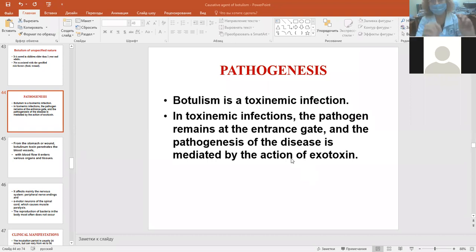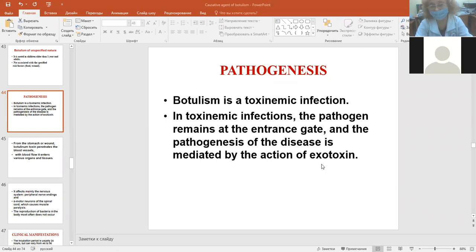Botulism is a toxinemic infection. I'm going to remind you what toxinemic infection means. This term is used in cases where the pathogen, the bacteria, remains at the entrance gate, and the pathogenesis of the disease is mediated by the action of exotoxin.